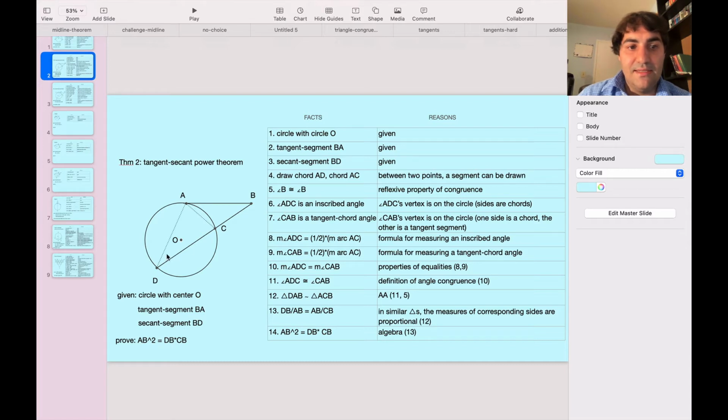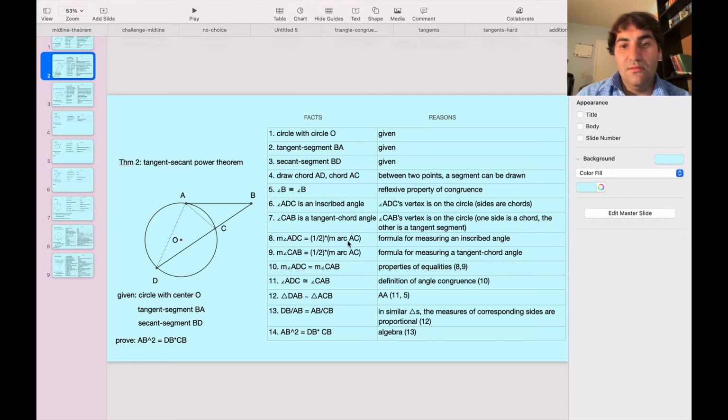Angle ADC, this angle here, is an inscribed angle because its vertex at point D is on the circle and its sides are chords. AD is a chord and CD is a chord. Angle CAB is a tangent chord angle, right? AB is a tangent and CA is a chord, and its vertex at point A is also on the circle.